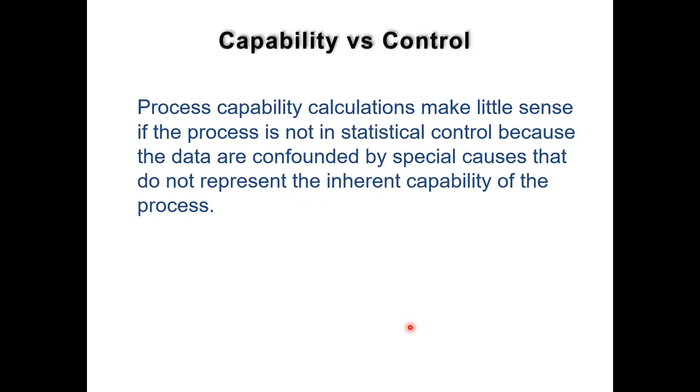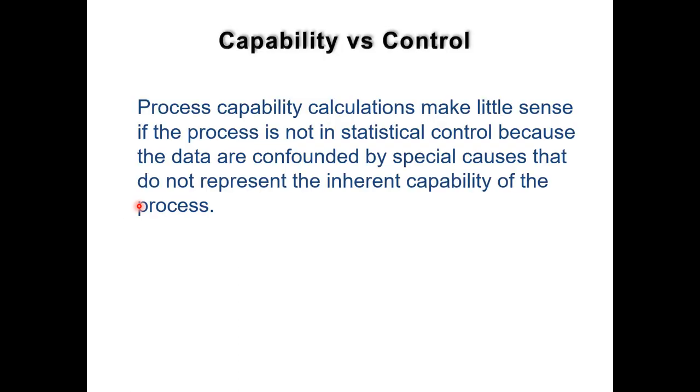Again, process capability calculation will make little sense if the process is not in statistical control, because the data are confounded by special causes that do not represent the inherent capability of the process.